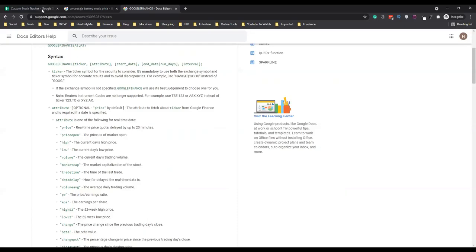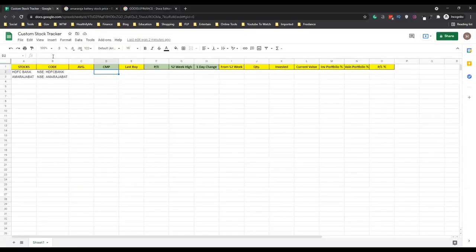So we will use this. What we will do is, equal to GOOGLEFINANCE, first will be our code, second, in double quotes, we will pass the attribute. Whatever we want, the current price, we will pass this.